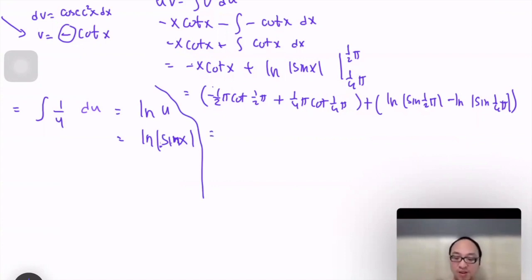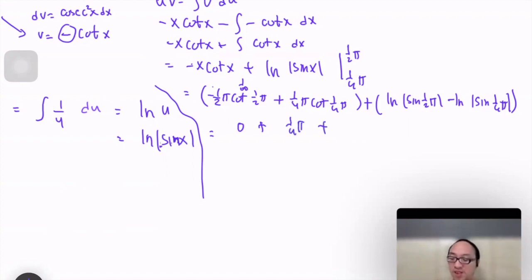So what is cotangent 1 over 2 pi? Cotangent 90 degree. Tangent 90 degree is infinite, right? So cotangent of 90 degree, 1 over infinity, is 0. Plus cotangent 1 over 4 pi: tangent of it is 1. So it's 1 over 4 pi.